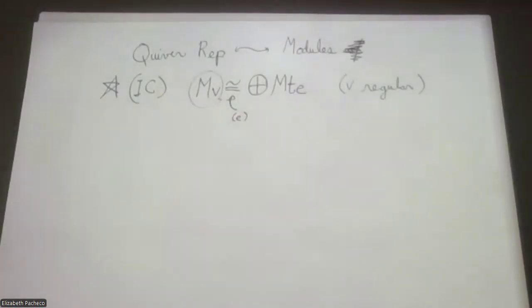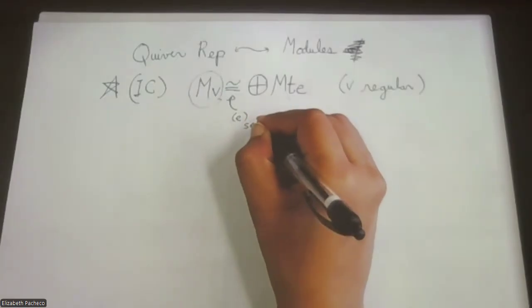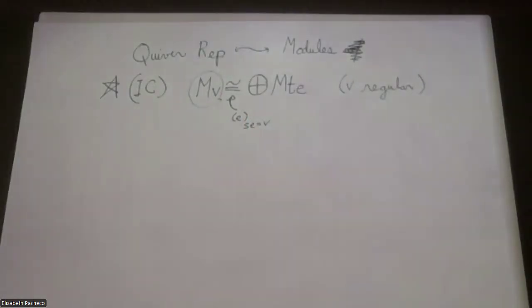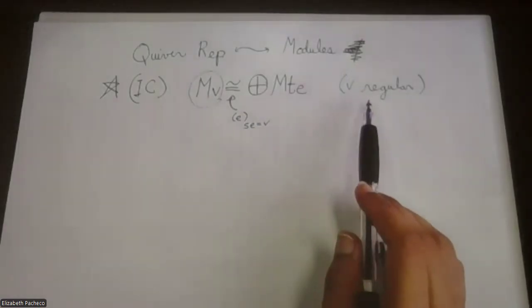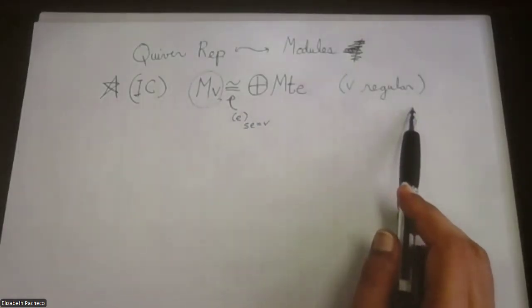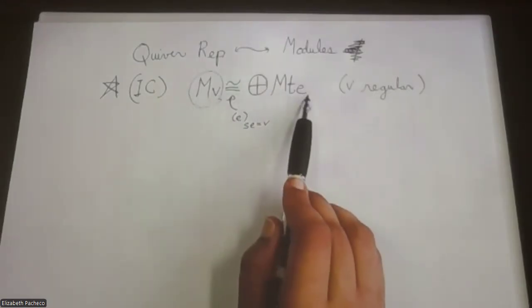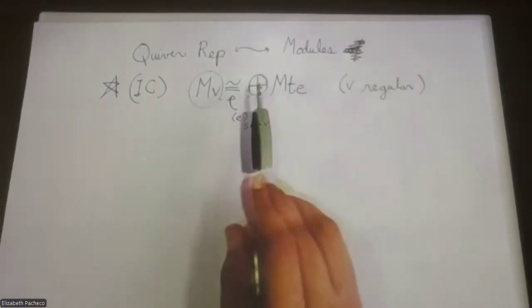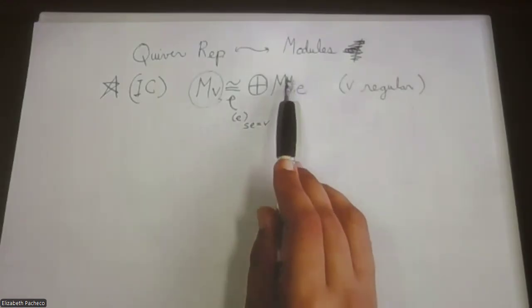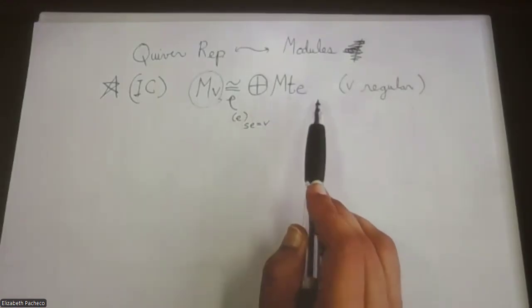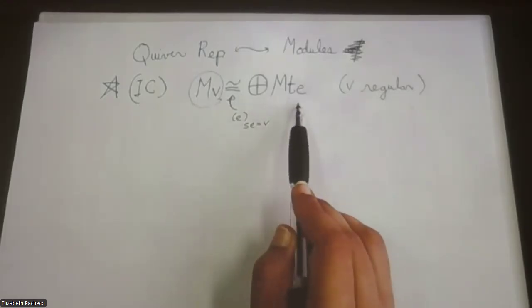This is going with all the arrows that start at V. I'm assuming that V is regular, not a sink, so this is totally cool. And I'm going from here to here by acting with e, e, e, e, all the different edges, to get to these vector spaces. What structure do we now have here?